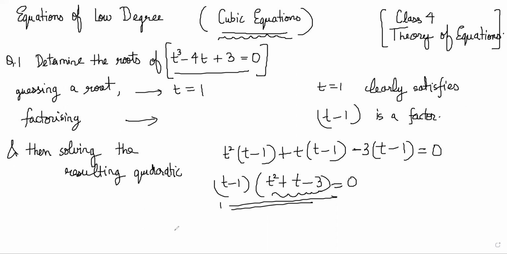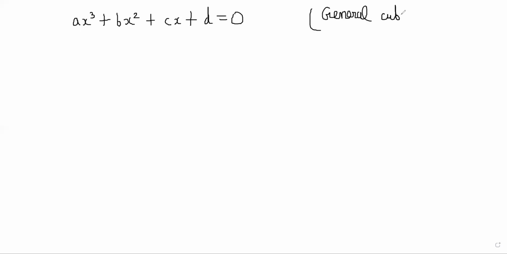So what we learn in this video is basically how to solve this particular cubic equation in general. This is the general cubic, and this is basically Cardano's solution, which was discovered in the 1600s.